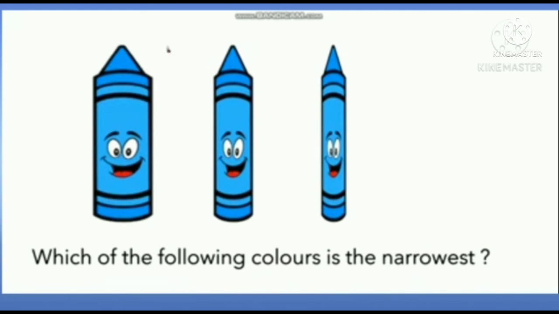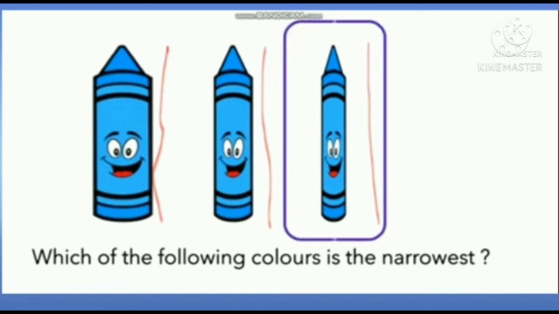Now students, look, they have the same color and the same length. The three crayons have the same length, but the difference between the three crayons is width. Now find the narrowest. The first is the widest and the last crayon is the narrowest crayon.